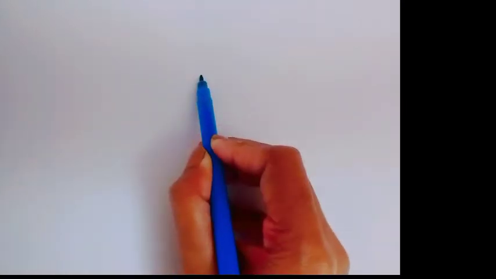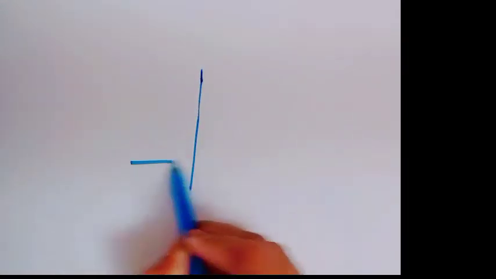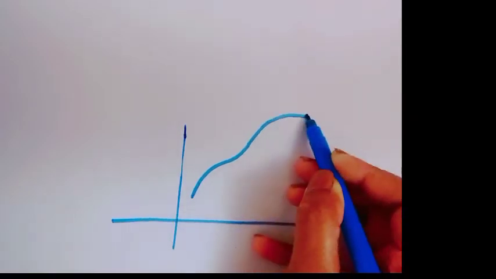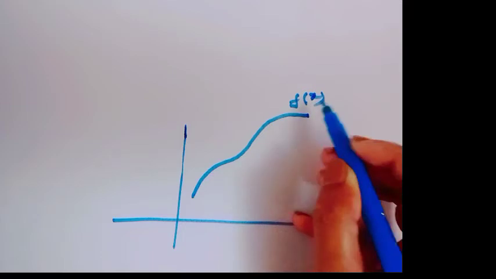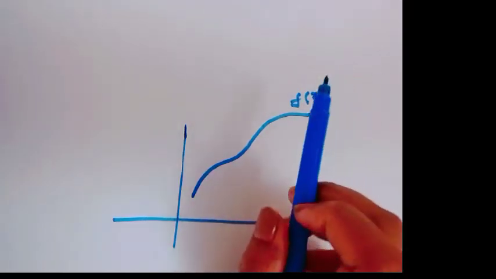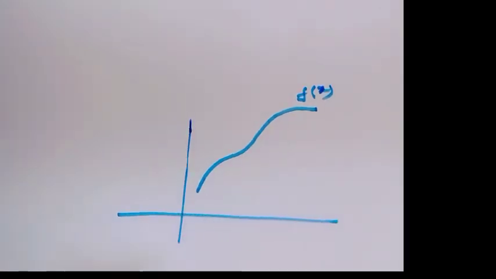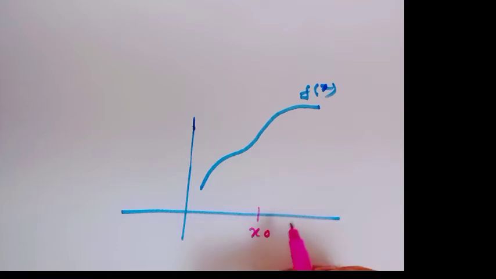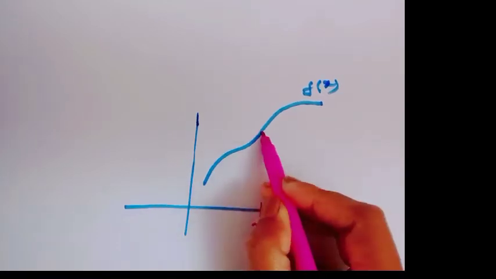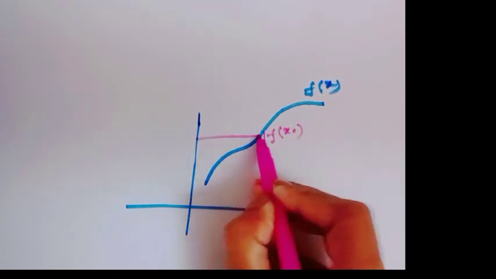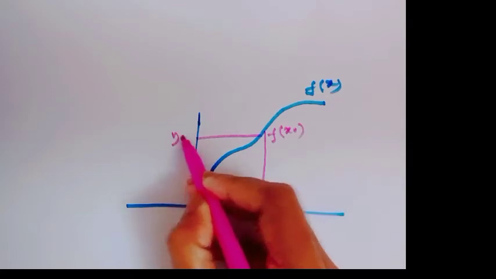Well, now let's draw the graph of a continuous function. This is the continuous function fx, and the test of a continuous function is that it can be drawn without lifting our pen, and consider here x0 to be any arbitrary point. For this point I will get the value fx0, which touches the y-axis at y0.